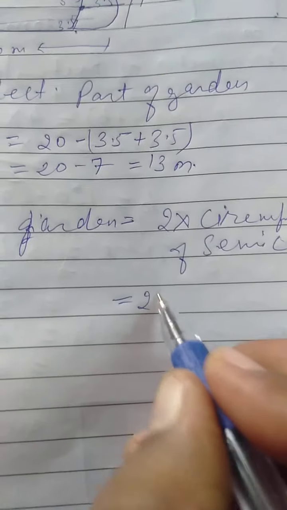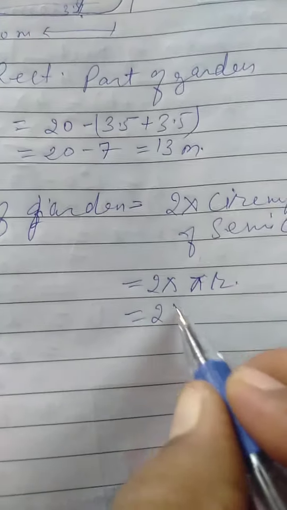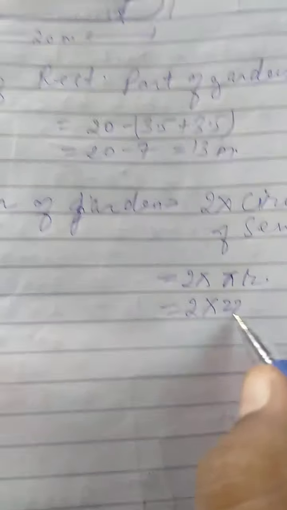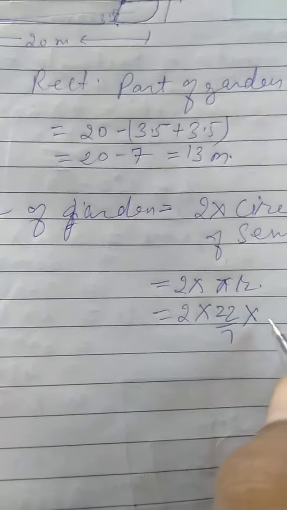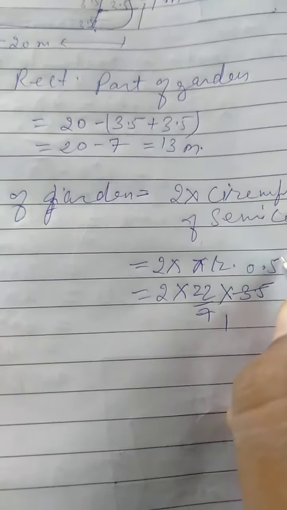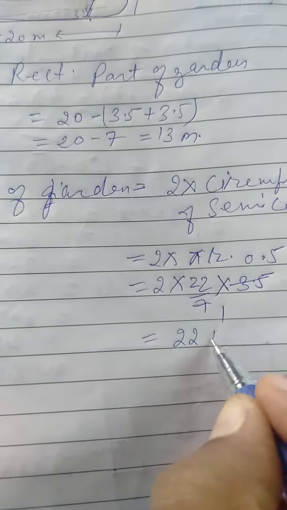So this is equal to 2 times pi r. This is equal to 2 into pi, you can take it by your own, 22 by 7 I am taking. R is 3.5, so 7 ones are 7, 7 fives are, you can cut, 5 twos are 10, 1 will be there and 22 meters.